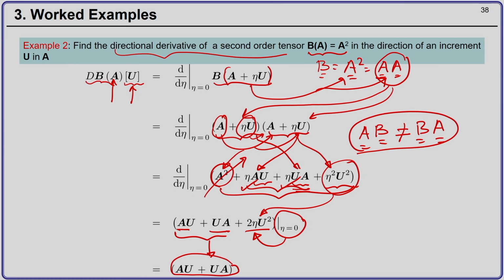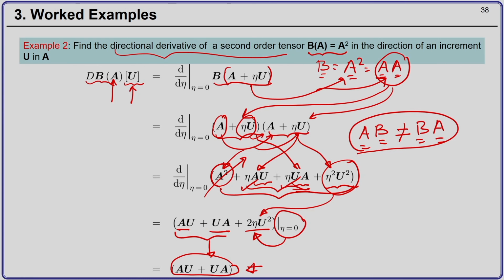So, the directional derivative of tensor B at A in the direction U is nothing but A U plus U A. So, if you change A from A to A plus U, the change in B will be A U plus U A.